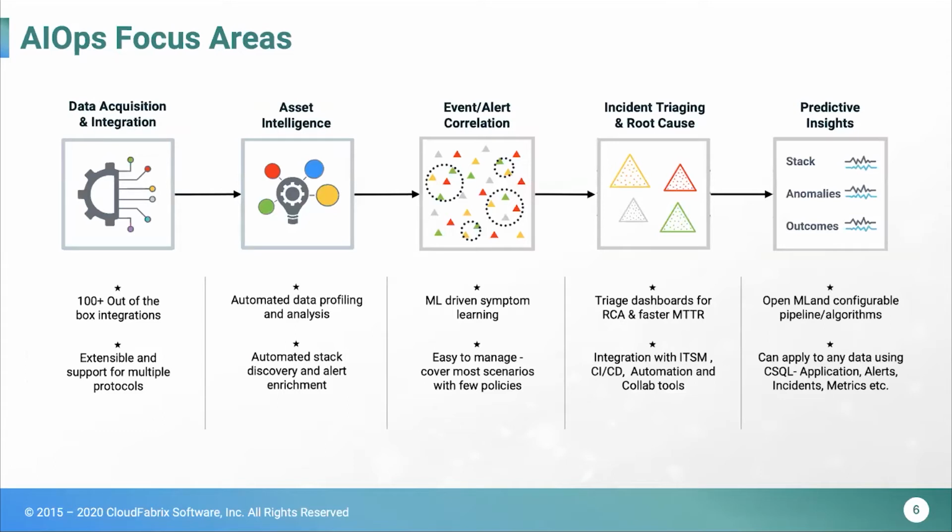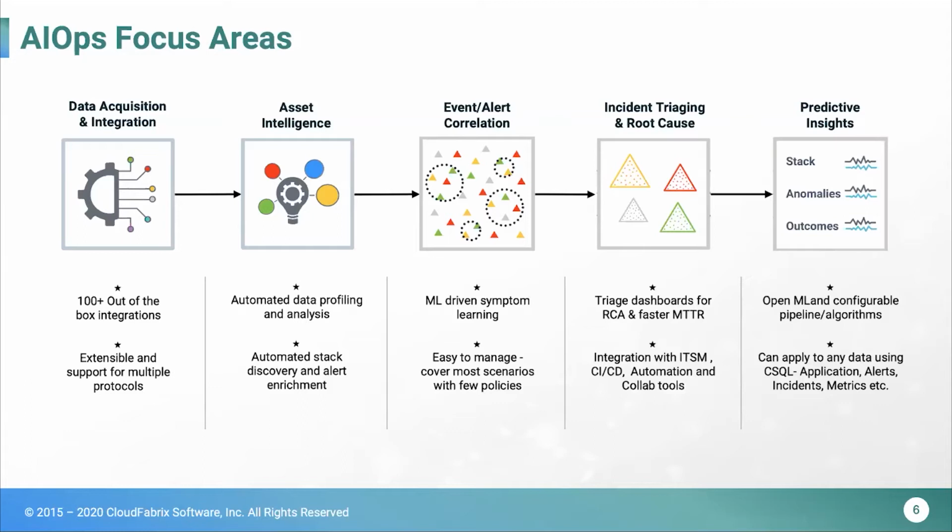Our key areas of focus are the following. The first one is data acquisition, which I talked about. We have a lot of out-of-the-box integrations that we worked on. The second is asset intelligence. We focus on this because it's a strength for us: by looking at the assets, we're able to enrich and provide context when it comes as an event or an incident to the NOC center.